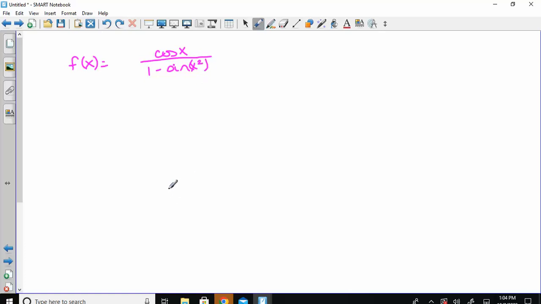So the square is on the x, not the sine. So what do we have to do? So that's low d high, derivative of cosine. Minus high d low.